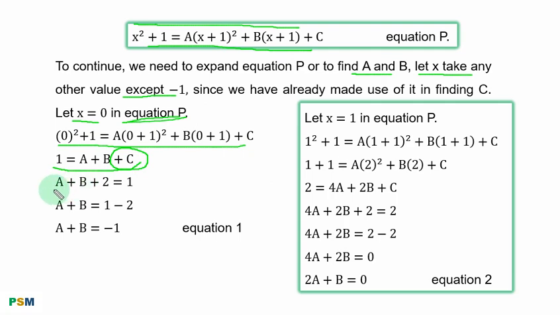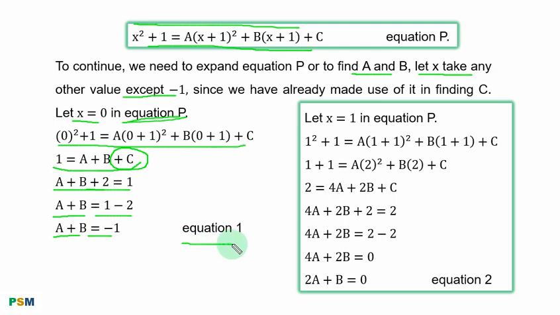You replace C with 2. You have A plus B equal to 1 minus 2. You transfer the constant term to the right hand side, and you have A plus B equal to minus 1. Let's call that equation 1.